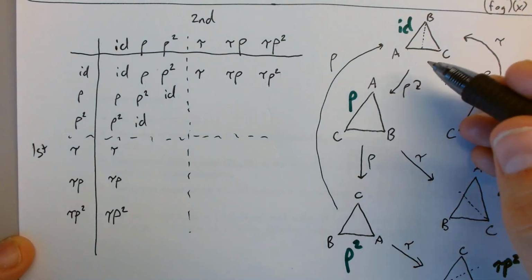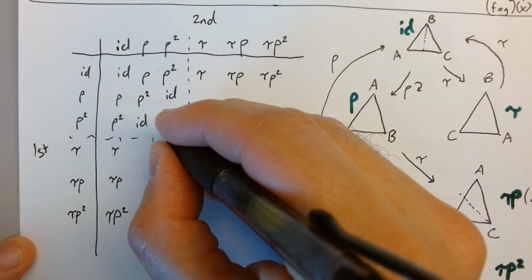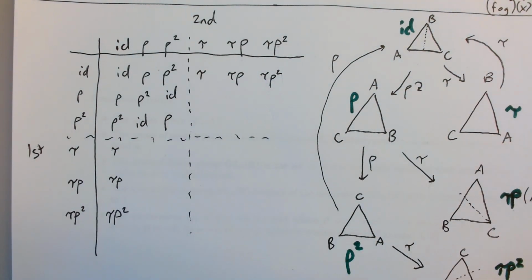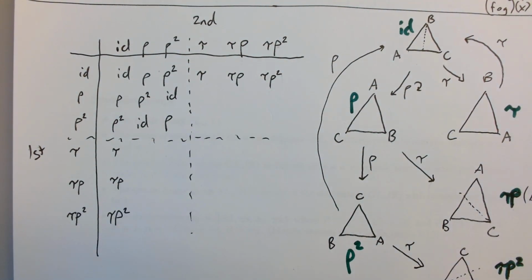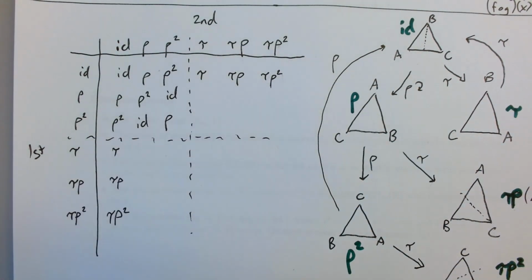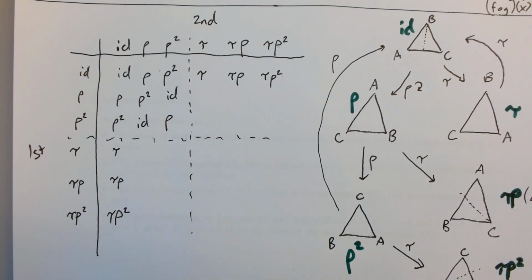And then rho squared twice, so 2 rhos and then 2 rhos again, just brings me back to rho. So notice this little sub box here, sub-Cayley table, doesn't have any taus involved, so it's just a little subgroup inside of the full group. So I could just do only rotations and everything's nice and closed.